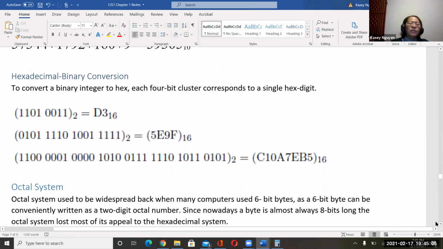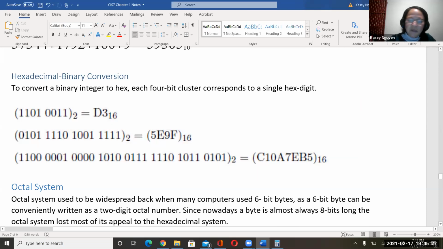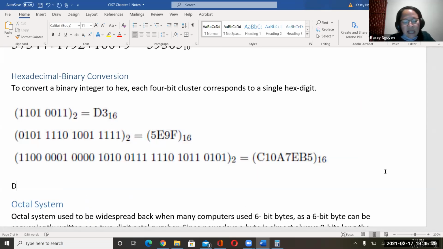Now, if we go into hexadecimal to binary conversion, we have this binary and we need to convert it to a hexadecimal. So what you do is you take the D. Let me type out the notes. So D is equal to what in decimal?